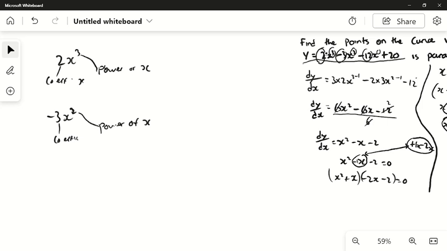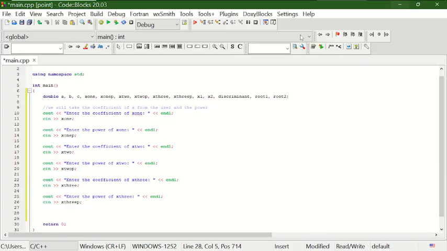So since we got that, for us to get this now, we need to multiply the coefficient and the power. So we're going to do that right away. We want to store the answers of the multiplication. Let's say we want to store it in A, B, C because we're going to use the ABC for the quadratic equation, right?